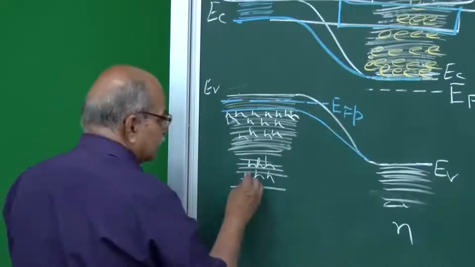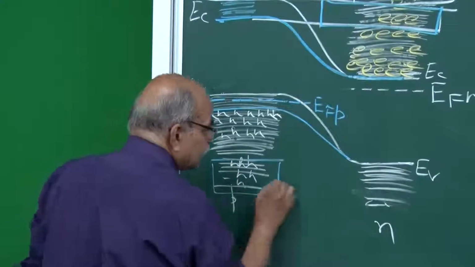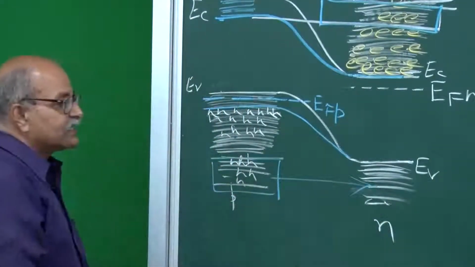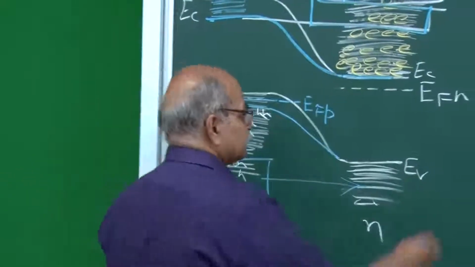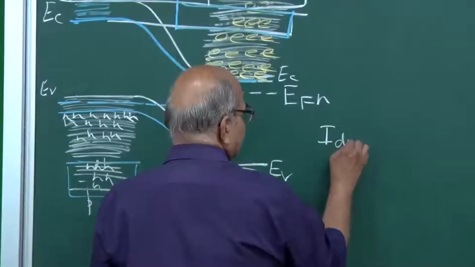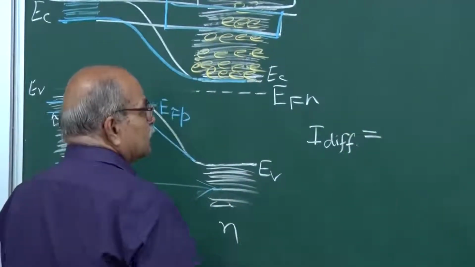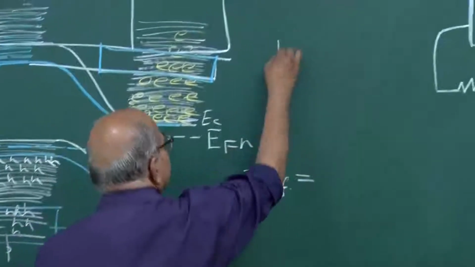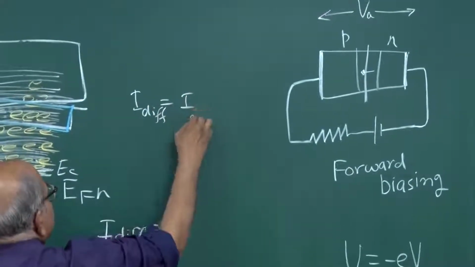So you have extra holes which can diffuse, which will find quantum states here, and therefore the diffusion current I diffusion increases. So in the absence of bias, you had I diffusion equal to I drift.